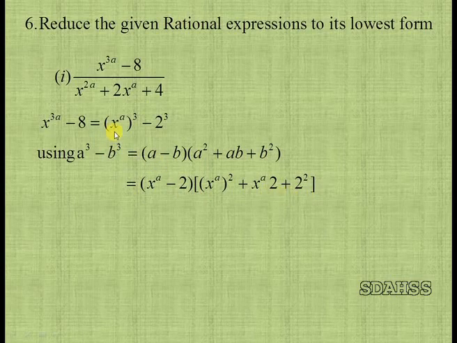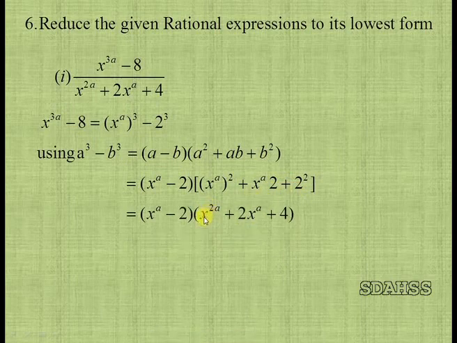Here a is equal to x power a, b is equal to 2. x power a minus 2 keep as it is. Multiplying the powers, this can be written as x power 2a plus 2 into x power a plus 4, since 2 square means 4.